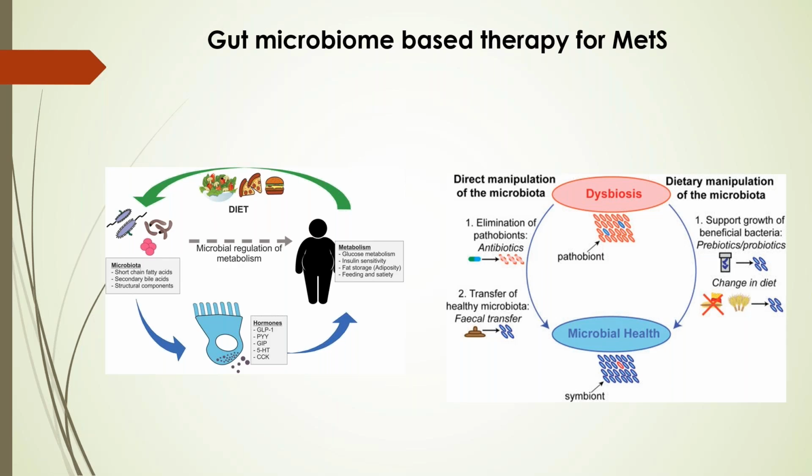They have already been shown to work in improving metabolic well-being in animal models. So you can use antibiotics to kill off your pathobionts. It's only when you suspect your flora is mostly in a dysbiosis state, so the bad bacteria are more than the good bacteria. Then you can kill off most of the bad bacteria.